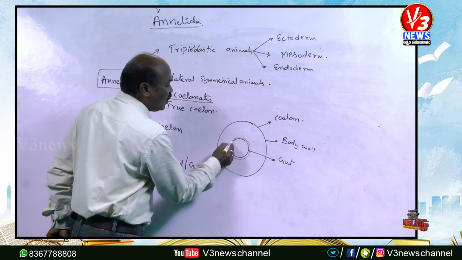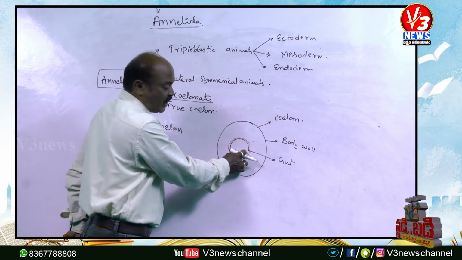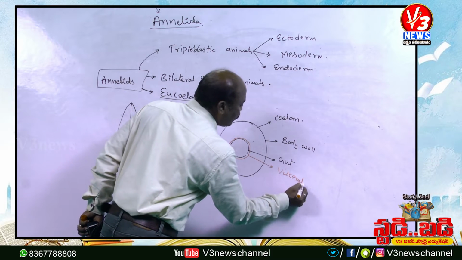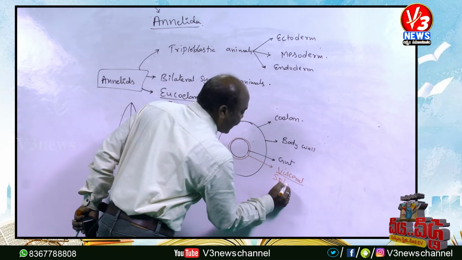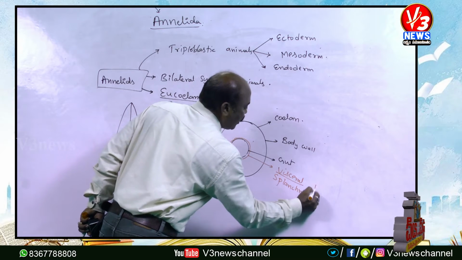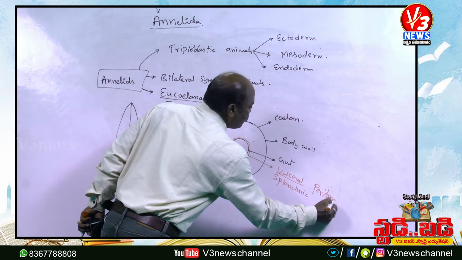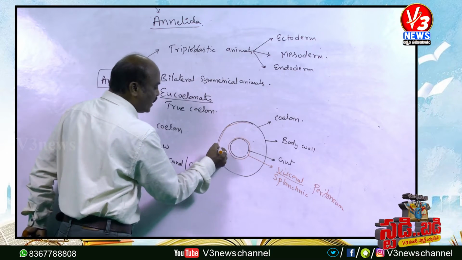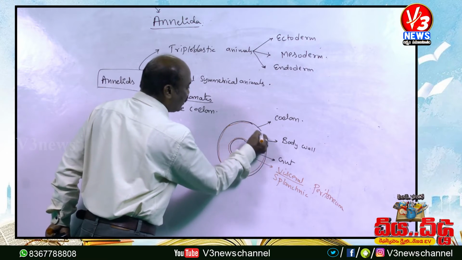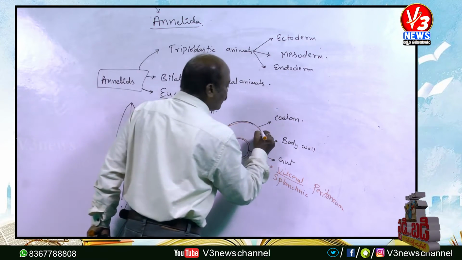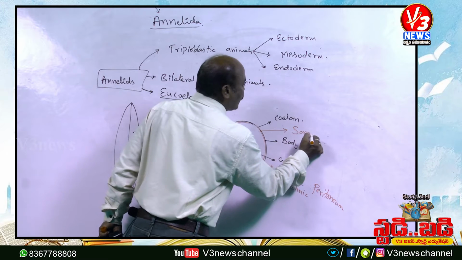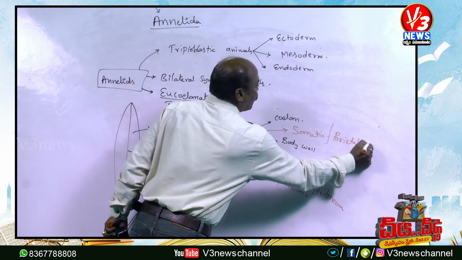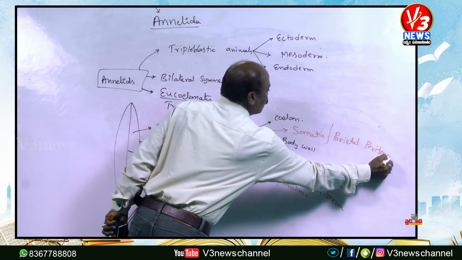One layer towards the gut or visceral organs is called visceral or splanchnic peritoneum, and the layer towards the ectoderm or body wall is the somatic or parietal peritoneum.